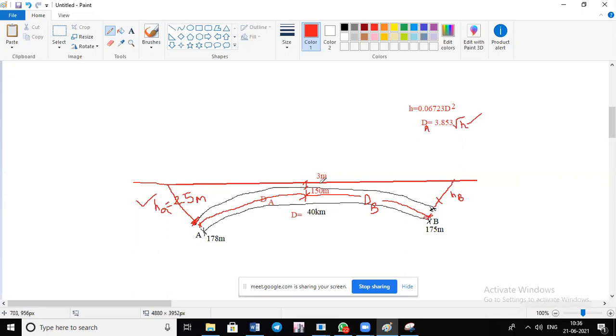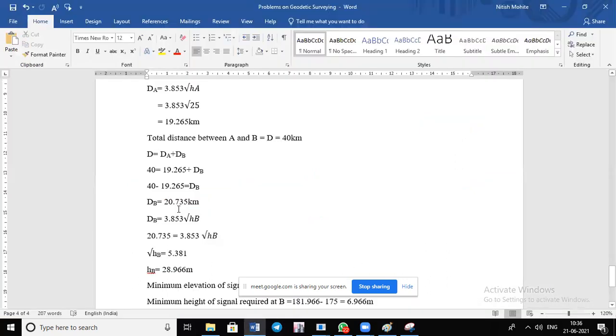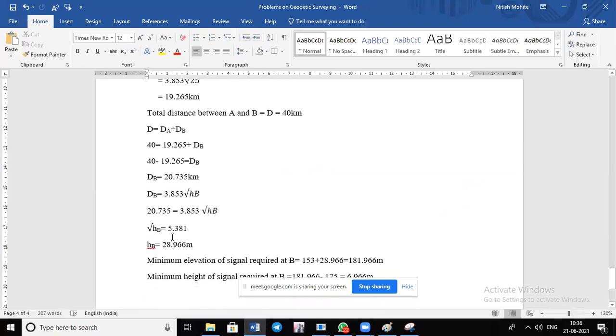It should be at least 3 meters above it. So 153 meters is the minimum required, and we have 175. But we are interested in the height we get in addition to this 153; if it is lesser, it is not required to provide the elevation. The height HB comes out to be 28.966.